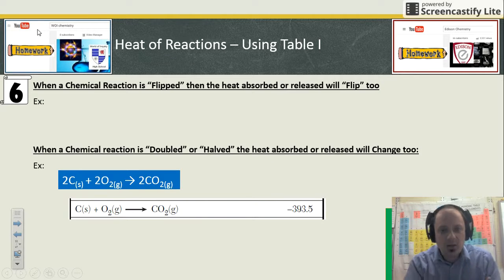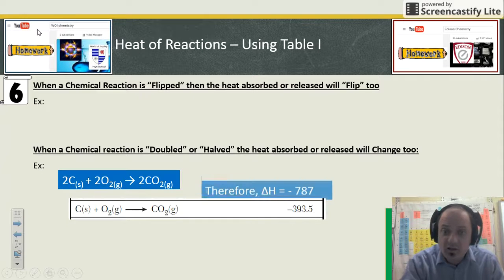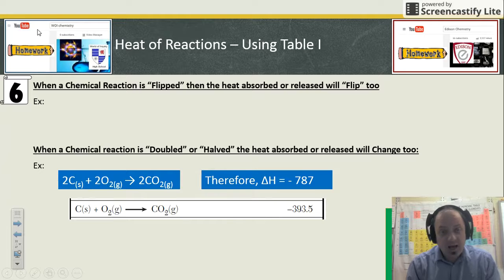I've doubled the amount of molecules or elements that are involved. So I must double the amount of heat that is involved too. Now I didn't flip this reaction, so the sign stays the same, but the magnitude, the size of it, got doubled because I doubled the size of the reaction. Okay, should make sense. If you double the amount of stuff you're reacting, you would double the amount of heat that is required or is produced. Okay, little logic.